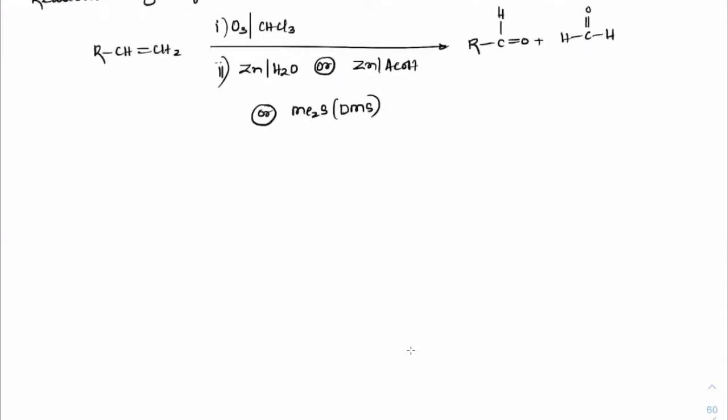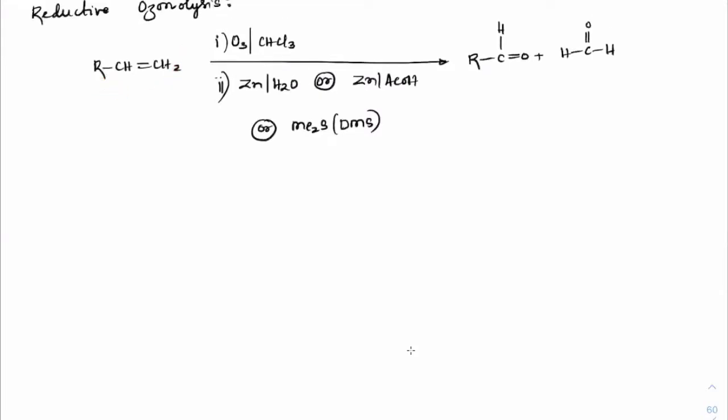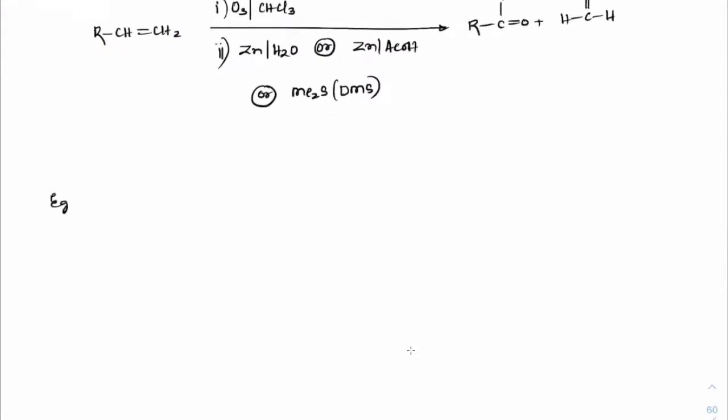Let me take one reaction now where we have two different R groups, okay? That is important for us in the mechanism. So I'll take an example with two different R groups. Let's say RCH double bond CH R dash. Okay, students, I'm taking it as R dash. So I'm doing ozonolysis on this.